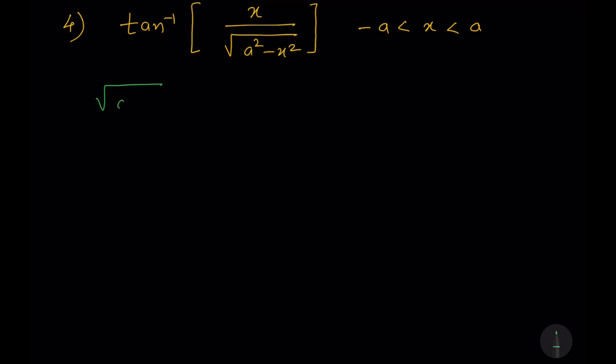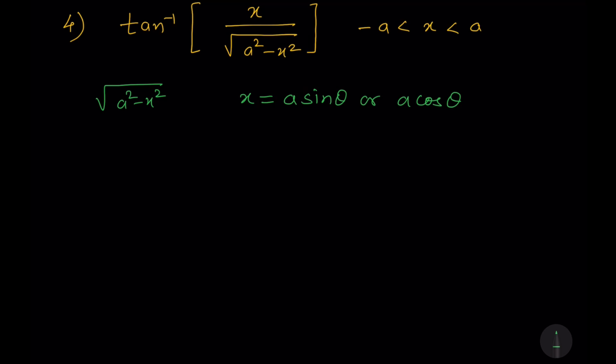Whenever you have square root of a square minus x square, then in order to get rid of the square root sign, or convert it into trigonometric forms, we will use some trigonometric substitutes. In this case, we can substitute x is equal to either a sin theta or a cos theta.